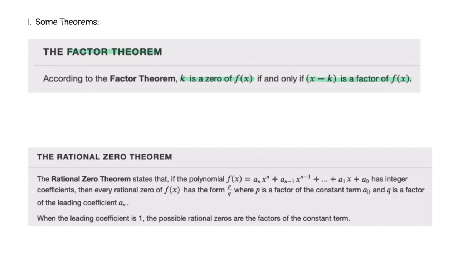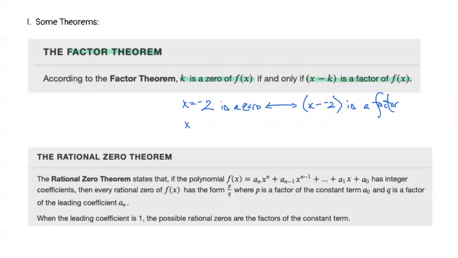That is what we were using when we said x equals negative 2 is a 0. Then we said x minus negative 2 is a factor. That's where that plus sign came from, right? X minus negative 2.